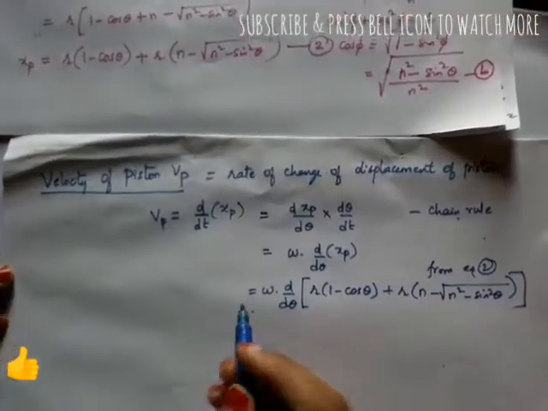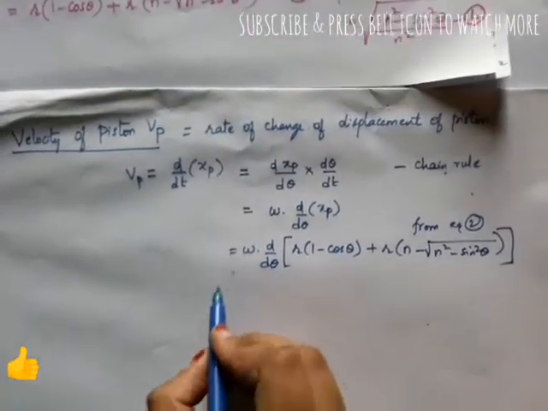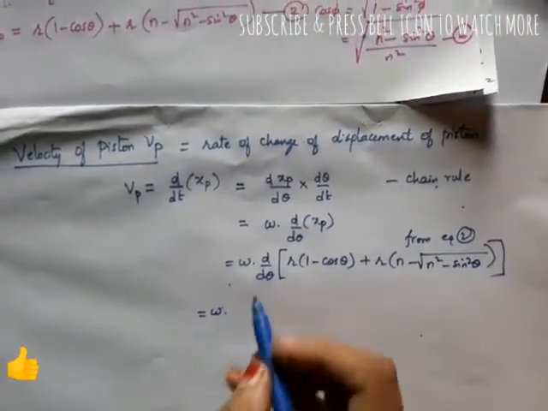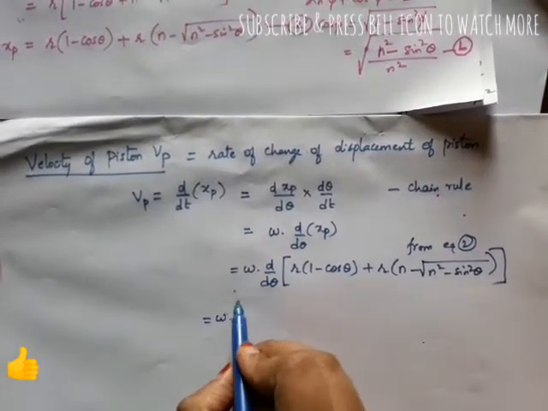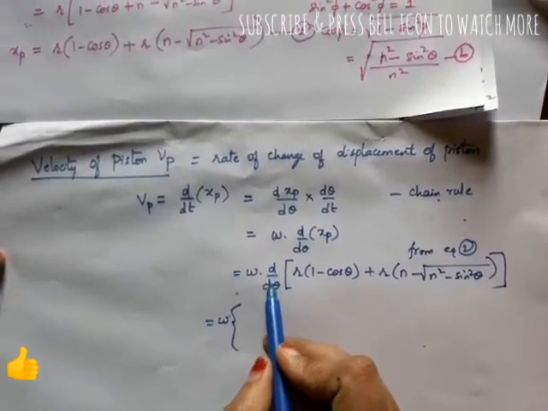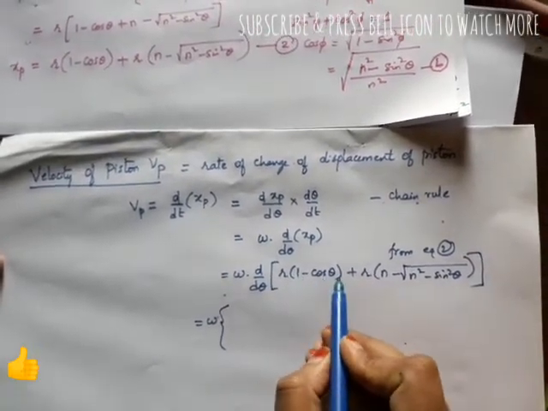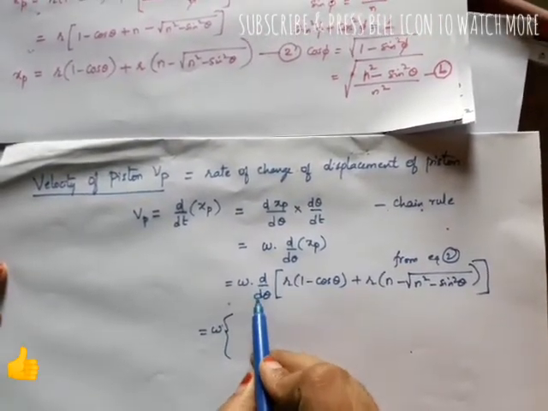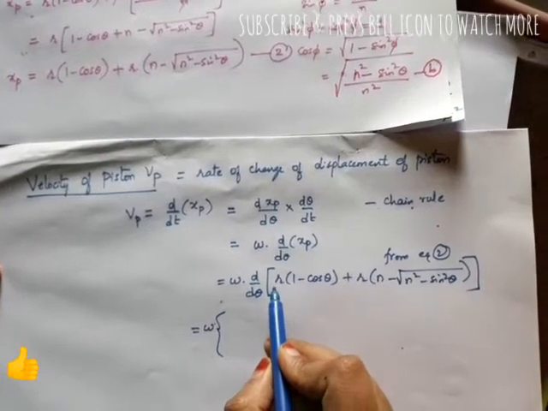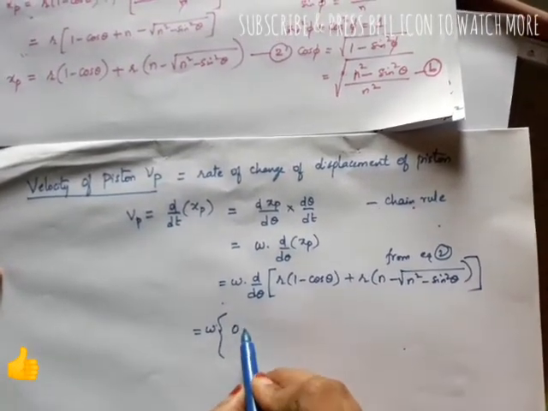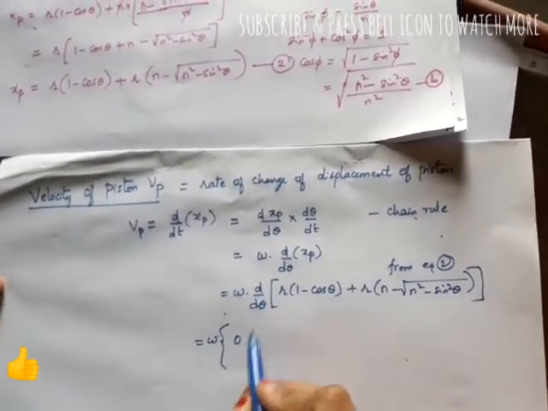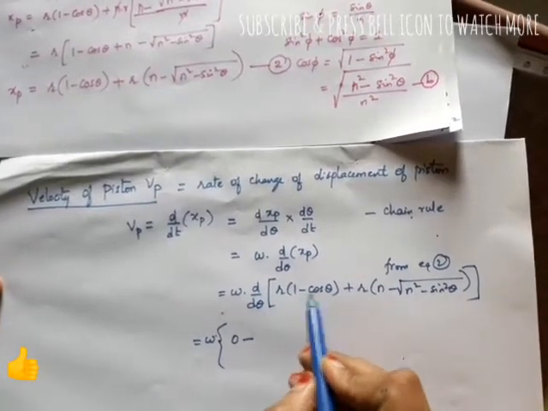Since omega has nothing to do with differentiation, this is always here. Once you differentiate, if I open up this bracket, it becomes r minus r cos theta. R is a constant, so d by d theta of r will be 0. So 0 minus d by d theta of cos theta.